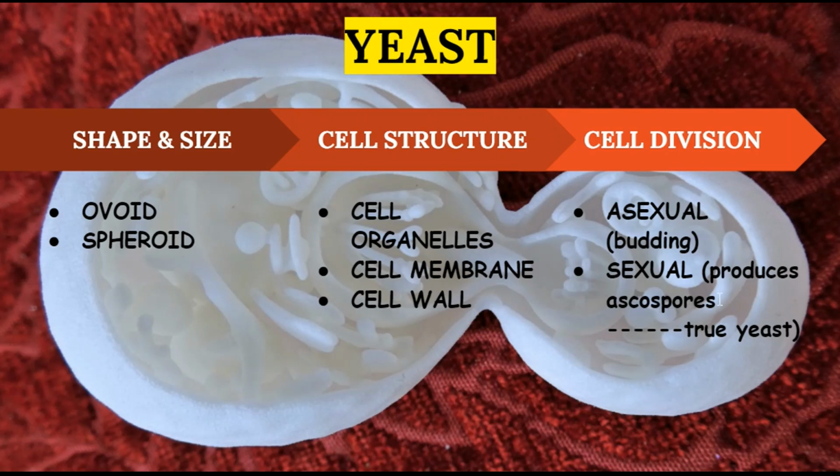If it doesn't produce ascospores, then they are referred to as false yeast. They can also be classified on the basis of color, growth, and ascospores. The main point here is ascospores, so remember it. True yeast produces ascospores and false yeast doesn't produce ascospores.